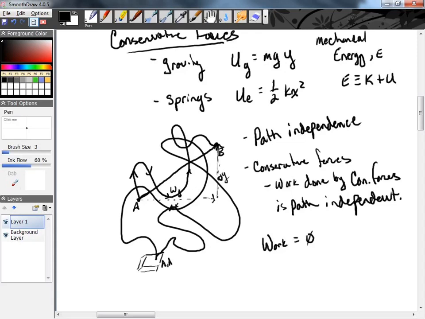Because the positive work it took to move away is equal to the negative work that it took to bring it back. So the total amount of work done by the conservative force is 0. Now, there may have been other forces at play, and we're going to get to those right now. So, if I end up where I start, the work done by the conservative force equals 0.